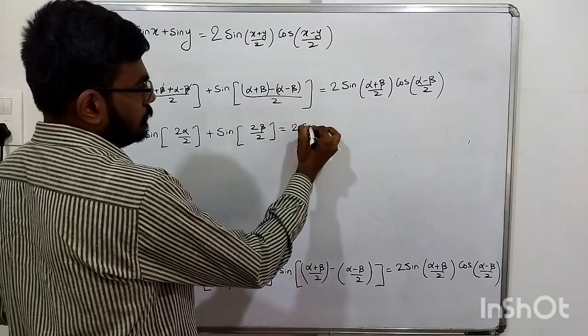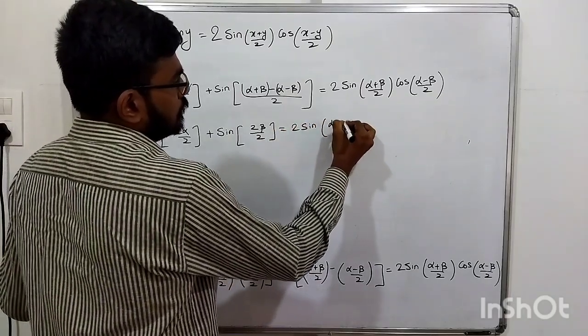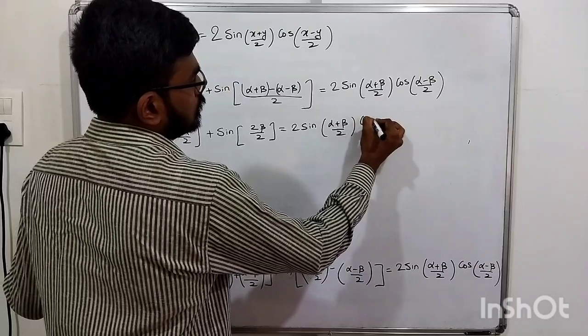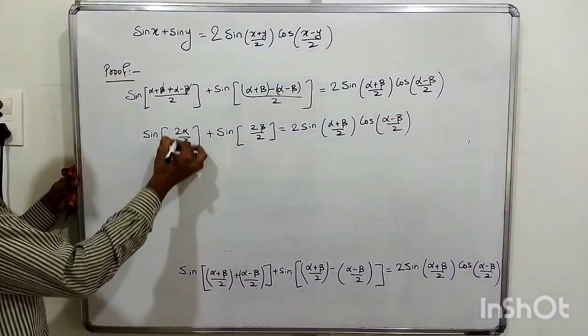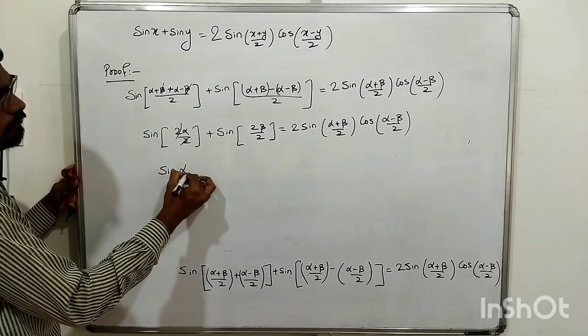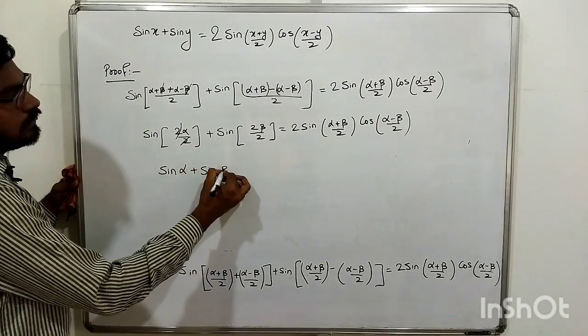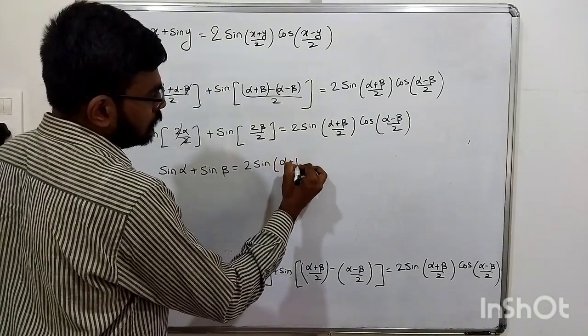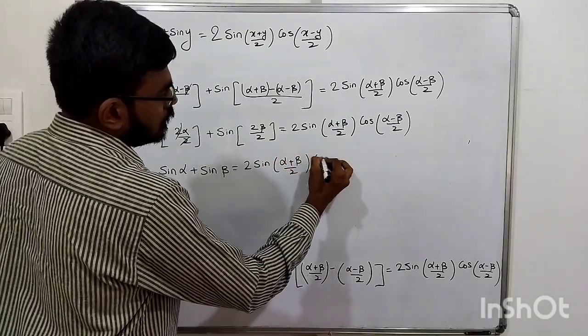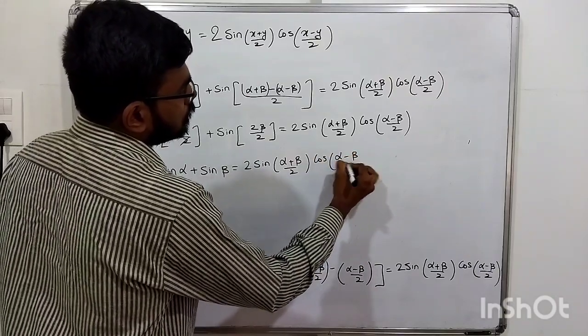So 2 sin alpha plus beta upon 2 cos alpha minus beta upon 2. So from this we get sin of alpha plus sin of beta, equal to 2 sin alpha plus beta upon 2 cos alpha minus beta upon 2.